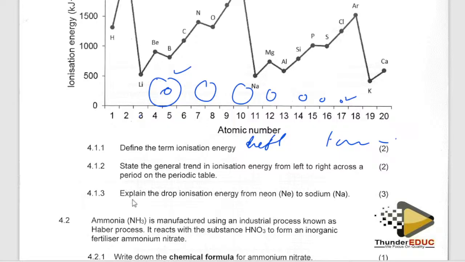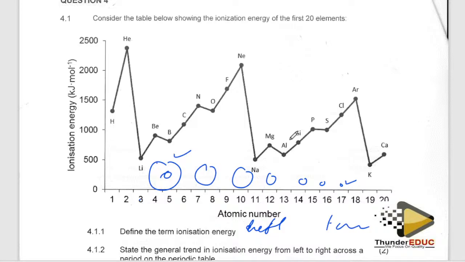They're saying explain the drop in ionization energy from neon to sodium. Neon is here, and then sodium. If you look at the electronic configuration of neon, you'll find that its last orbital is full, while here the last orbital has one electron. So it's easy to remove this one electron than to remove it from the full one. This one is already stable, and this one is unstable, able to release one electron.